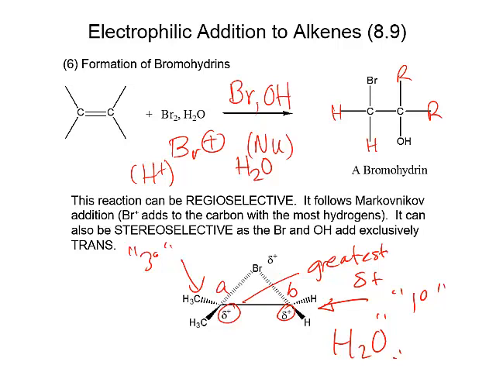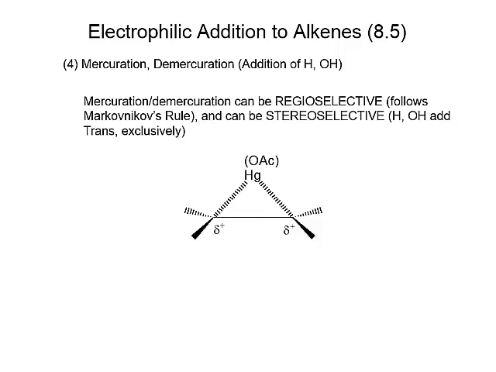Where's the water going to add in the bromonium ion? It's carbon A. Why? Because it has the greatest delta positive charge. Because this looks like a primary, this looks like a tertiary. That's okay. There's been 7 days in between then and now.